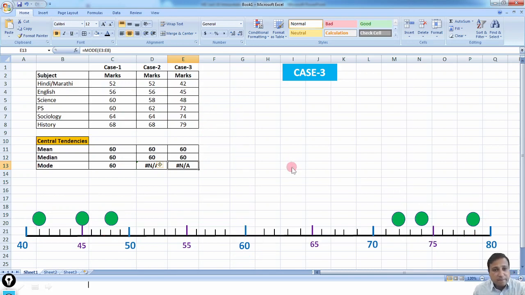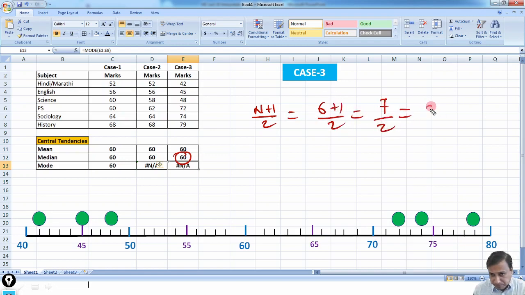Now, so far as the median is concerned, what is median? 60. That median is not here. How did we compute median? N plus 1 divided by 2nd item. That is 6 plus 1 divided by 2, that is 7 divided by 2, the 3.5th item. Now where is the 3.5th? First, second, third. 3.5th is somewhere here.